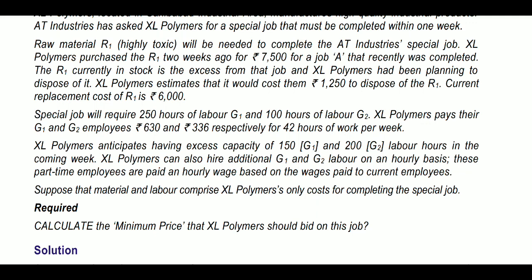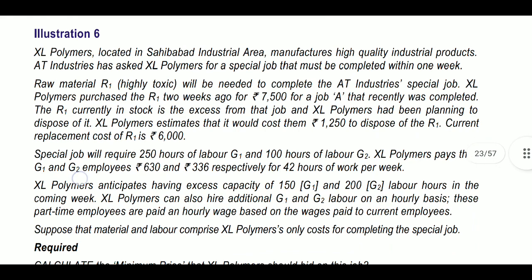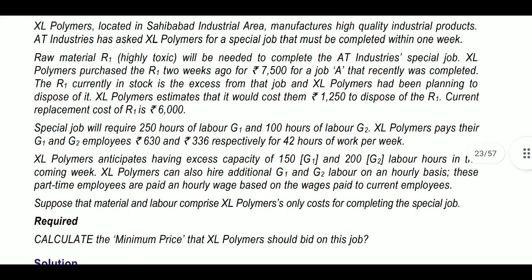Next, what is the cost of the 100 hours in the coming week? Excel Polymers can also hire additional G1 and G2 labor on an hourly basis. These part-time employees are paid an hourly wage based on wages paid to current employees. Here, what is the G1 cost? 630 rupees for 42 hours, and we need 100 hours.